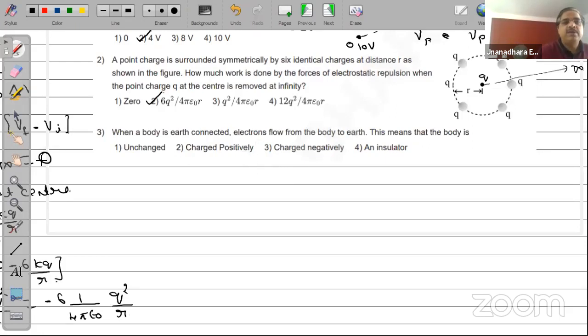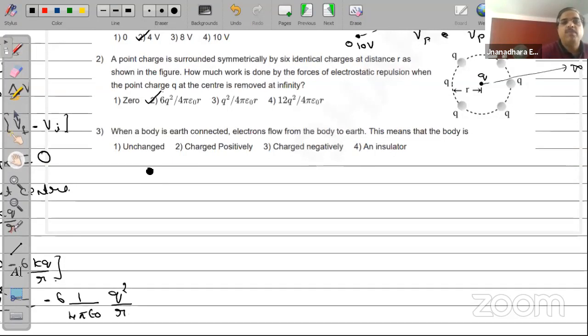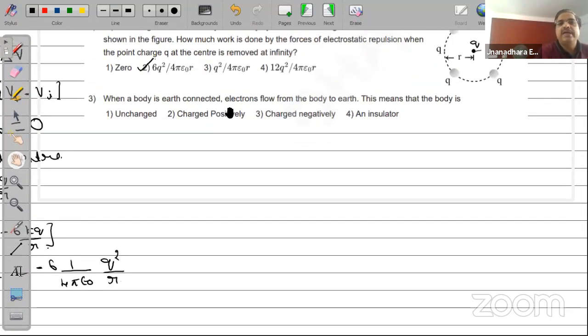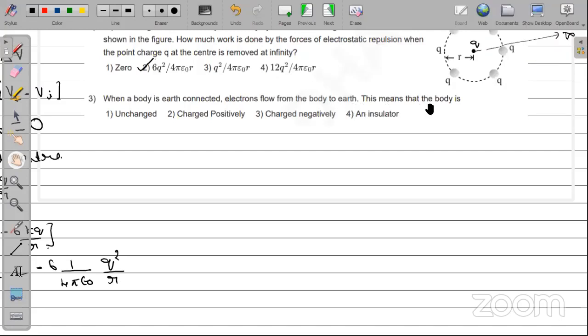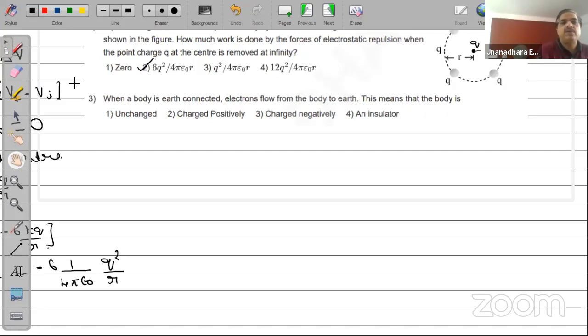Okay, problem number 3. When a body is earth connected, electrons flow from the body to earth. This means that the body is connected, and electrons flow from the body to earth. So when does electron actually flow from body to earth? When there is excess electrons.